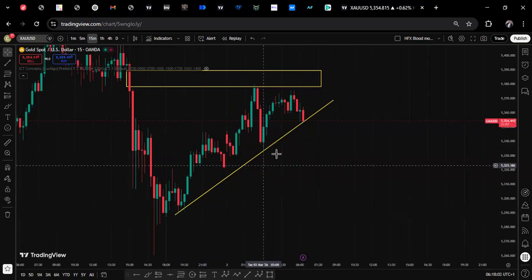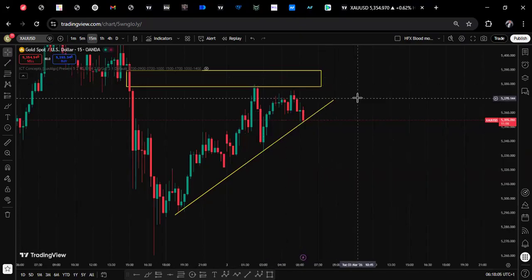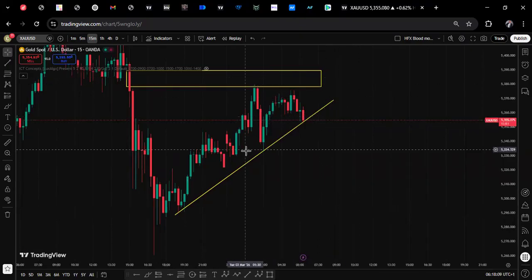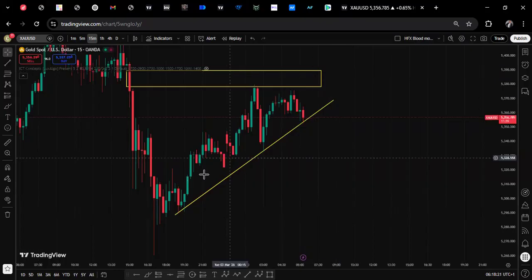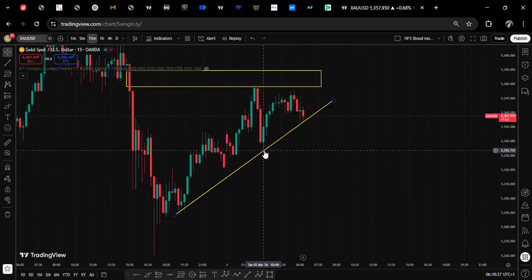For these first three touches here, the market has been buying. Now, if this zone is still respected, that means there's a high probability of gold buying today. You can see the first time it came, it bought. The second one came, bought, played around. The third time, it came, bought.